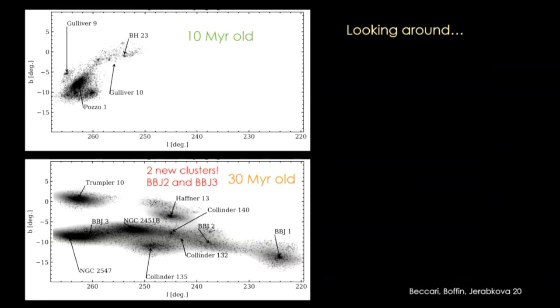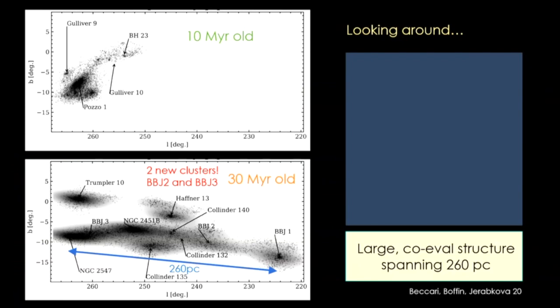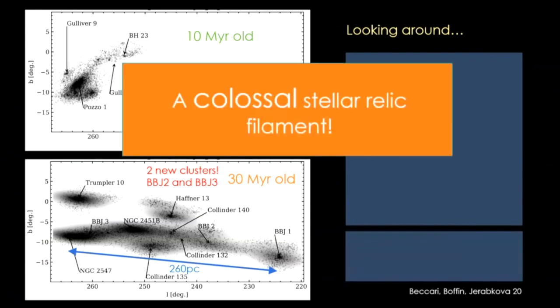And we also found two new clusters, BBG2 and BBG3. And again, when you look at the color magnitude diagram, they are very well defined and they occupy the same region. So we have indeed two populations of stars here in the same region. But what is most interesting is that this one, which is coeval, is indeed a large coeval structure which spans more than 260 parsec. So it's a colossal stellar relic filament.